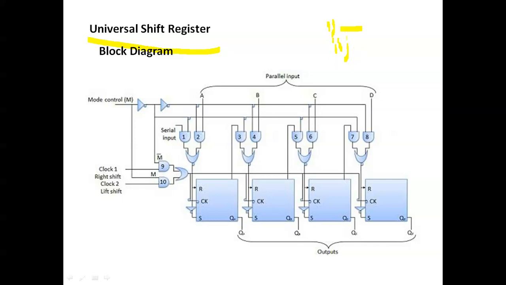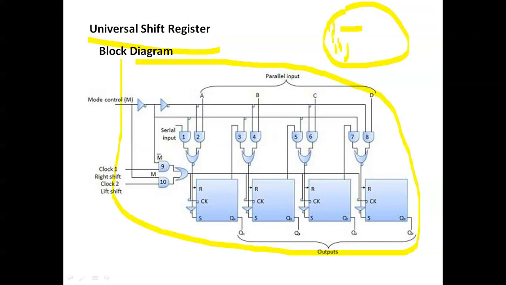So some extra features are available in one single device, which is called a universal shift register, like the universal gates, NOR and NAND, where even with one gate we can complete any application. Like that, within this particular circuit we can complete all the applications. That's why it is called a universal shift register.